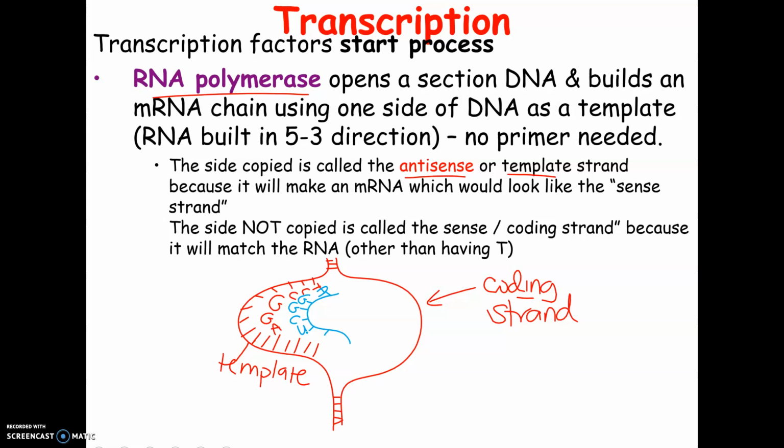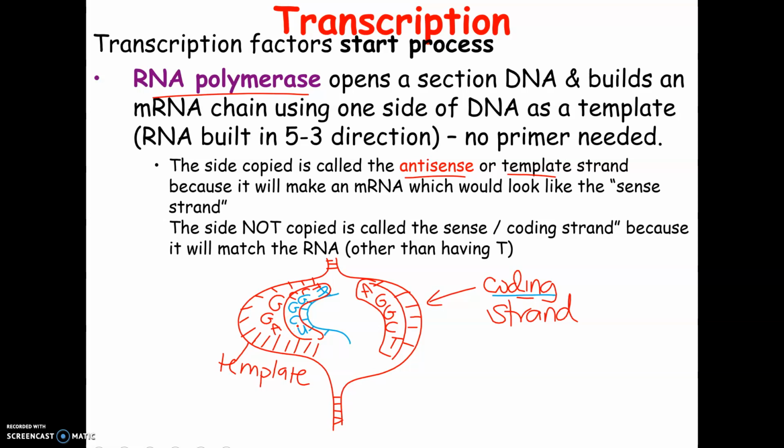Now, here's the reason why this side is called the coding strand. What's going to be the code on this matching side of DNA? Well, T would go to A, C to G, C to G, G to C, and my last one here would be a T. Isn't it true that this side of the DNA that was not being copied by mRNA is actually the same code on the mRNA we just made?